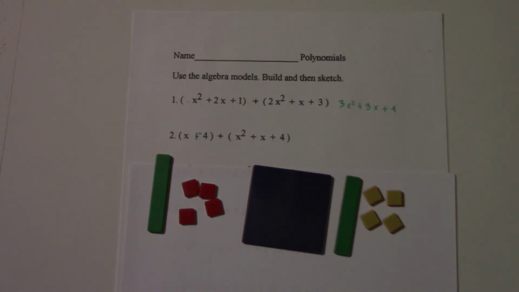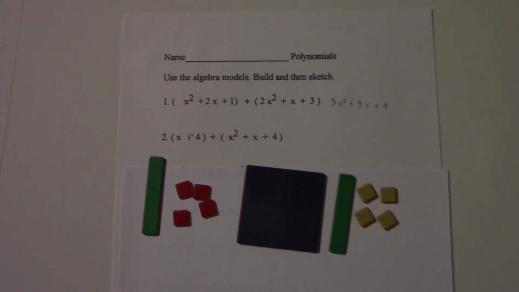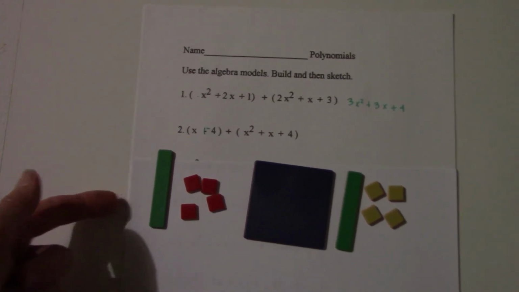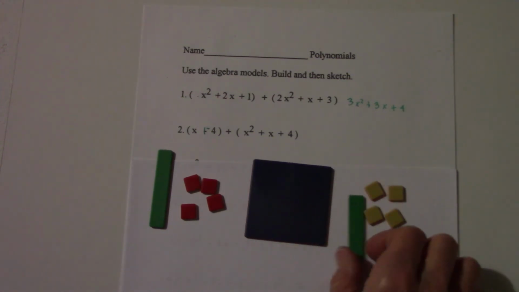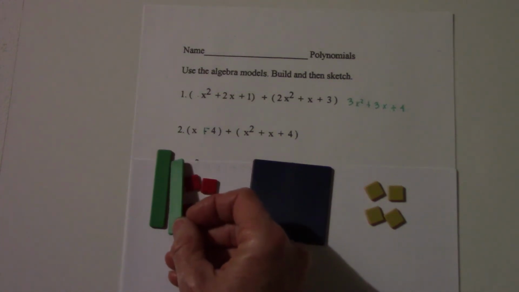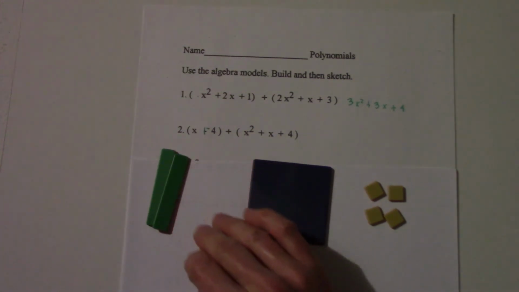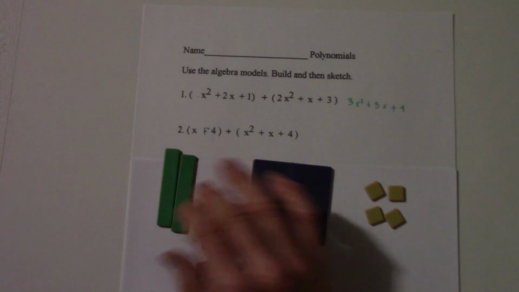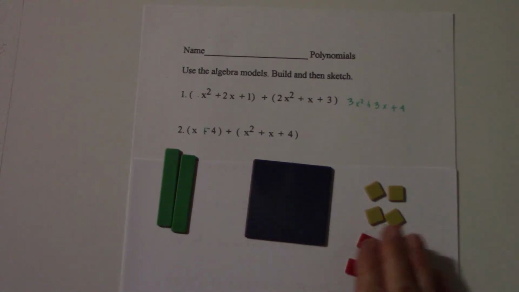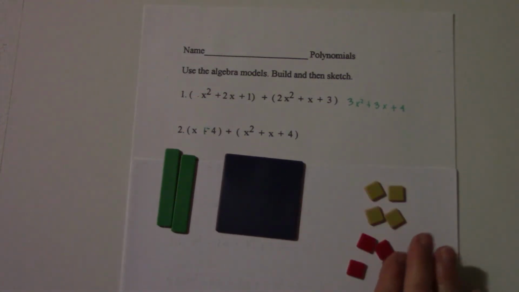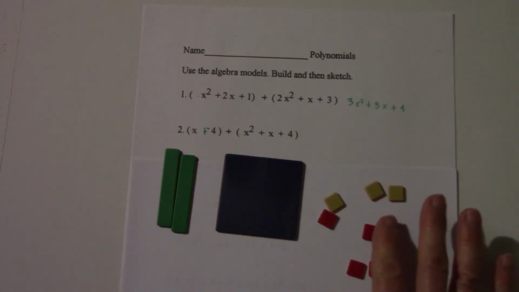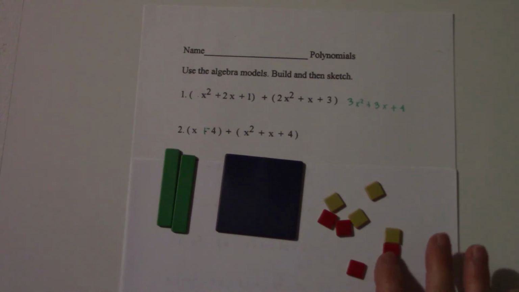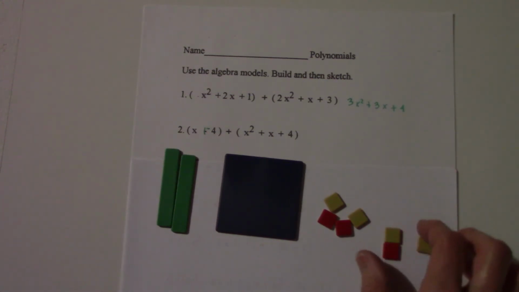And here, again, what makes sense is to put our like terms together, the ones that are the same shape. So here I'm going to have my x squared by itself, because nothing goes with it. My x goes with the x. And then here I have the negative 4, and here's my positive 4. So this gives me a 0 pair, another 0 pair, a third 0 pair, and 4 0 pairs.